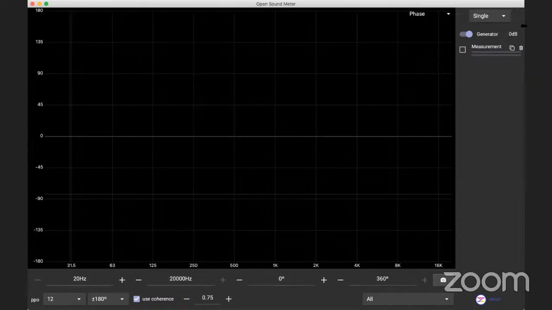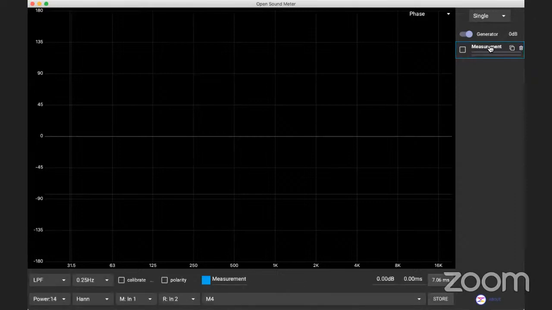I'm sending pink noise to 2 different auxiliary sends, and I'm measuring the phase difference between those auxiliary sends. Anyone have a question? Sir, could you repeat that? I'm sending pink noise on 2 separate auxiliary outputs, and I'm going to measure the phase difference between the 2 of them.